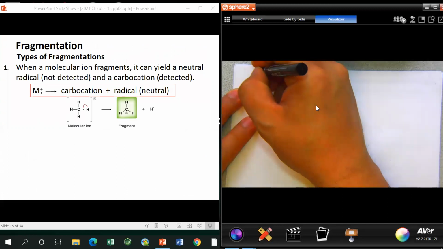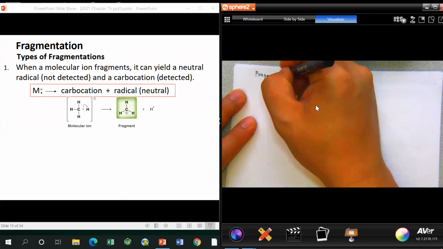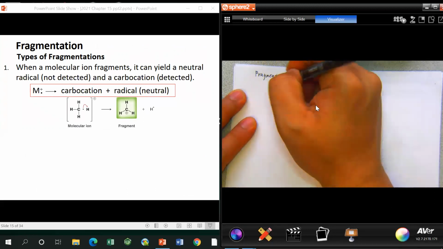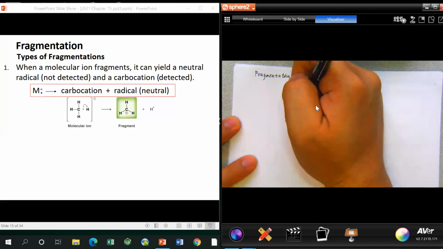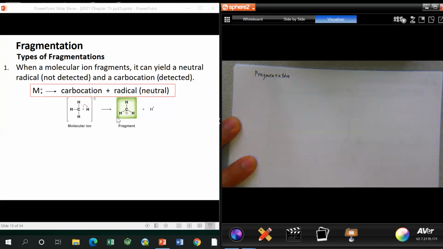The first one is fragmentation. We learned that in EI-MS, the molecular ion is not so stable and quickly breaks into small pieces. There are two types of fragmentation. One is where the molecular ion breaks up to yield a neutral radical and a carbocation.